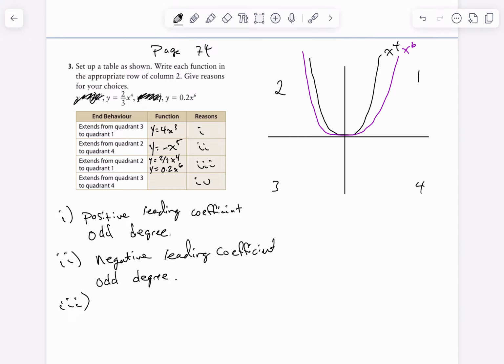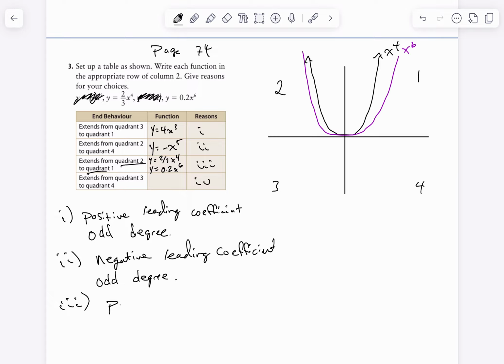You'll notice that their end behaviors go into the same portions of the Cartesian grid, right? They're both pointing in the same direction. That's what it means to be in quadrant 2 and quadrant 1. Okay, the end behaviors. And so we know that it's also going to need a positive leading coefficient because we are not staying in 3 and 4, which would have been a reflection.